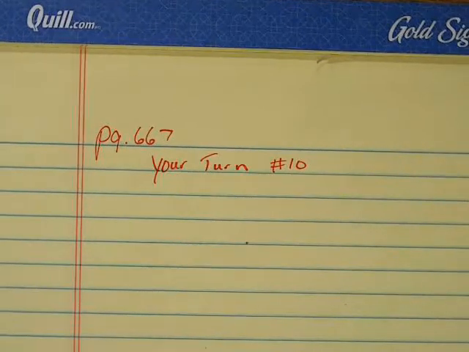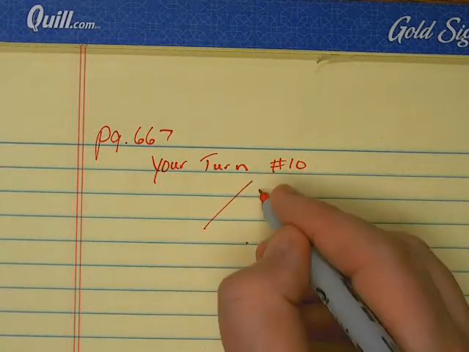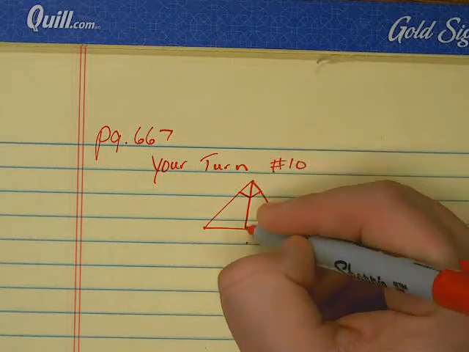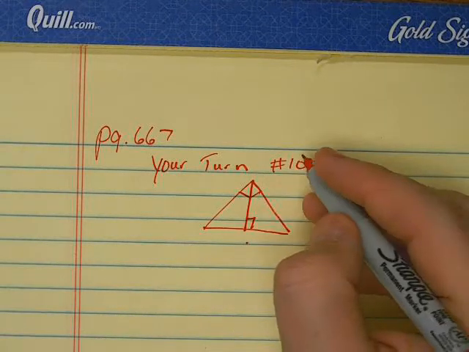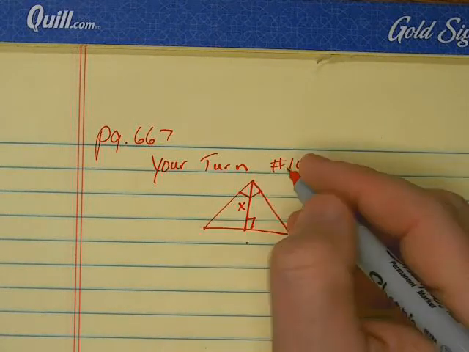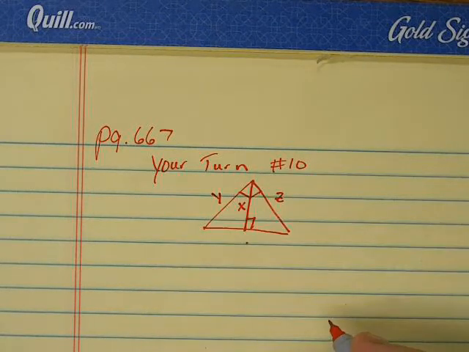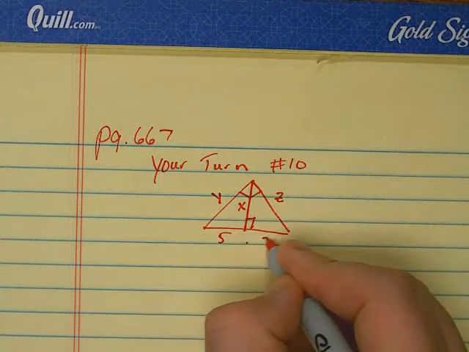Let me recreate the picture for you. There's our right triangle. Here's the altitude. We'll call this X. This is Z. This is Y. And we have 5 and 7.